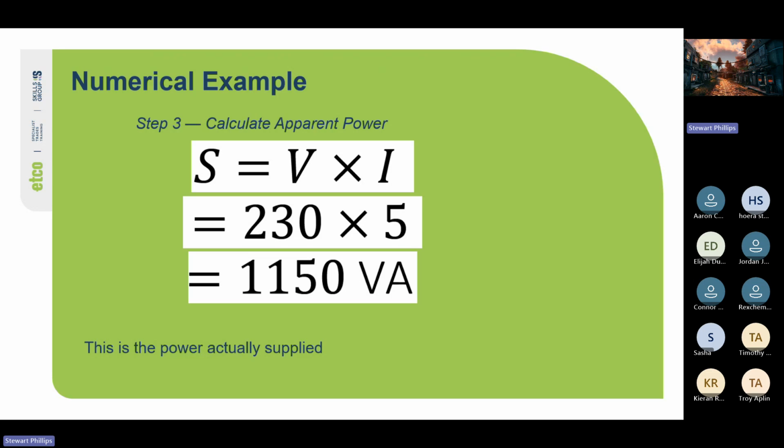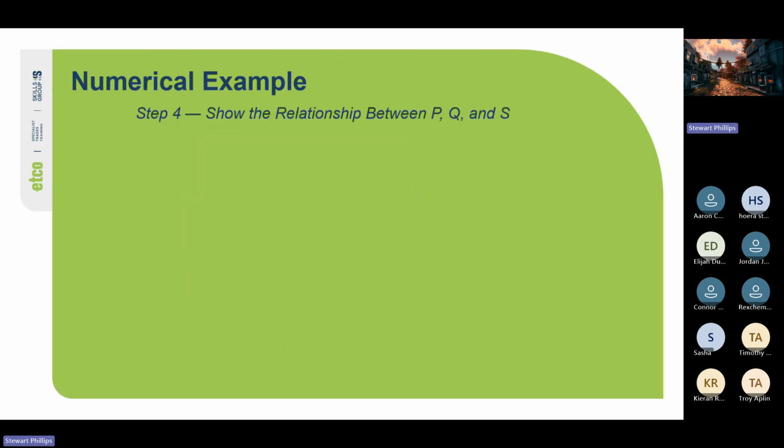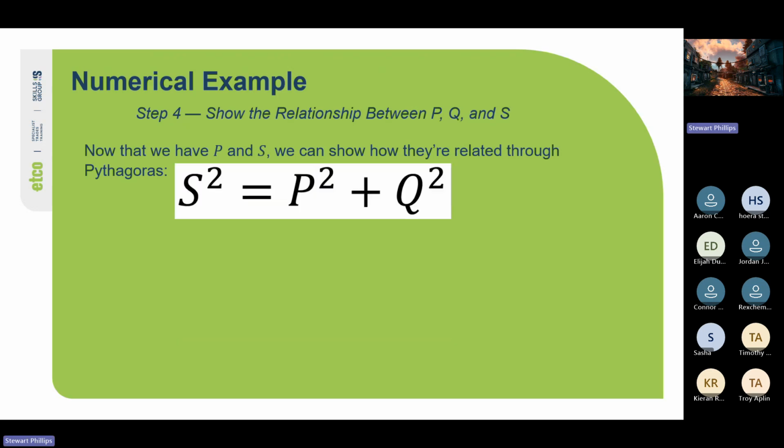Now that we have P and S, we can show how they're related through Pythagoras. S squared equals P squared plus Q squared.